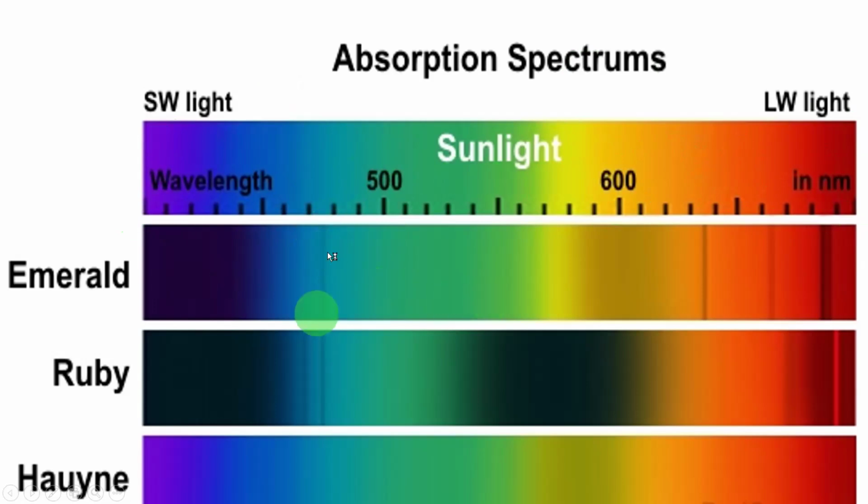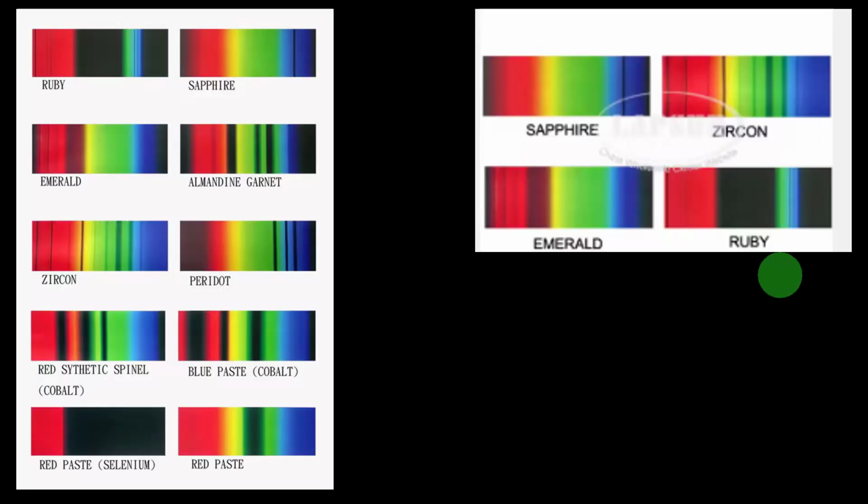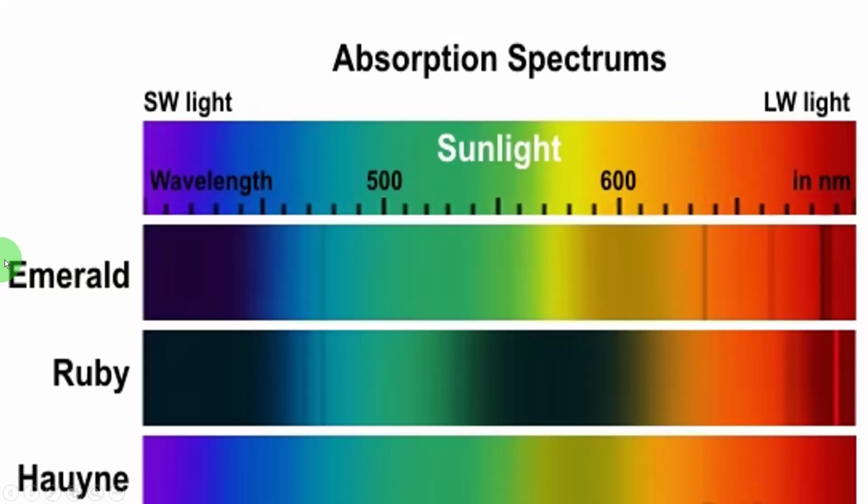See the absorption spectra in the blue area, red area. Here in these diagrams, red color is on the left side. This side, right side, both are the same. We can use either side. So, emerald shows red area, orange area, between red and orange area, absorption lines here, and the blue area also.